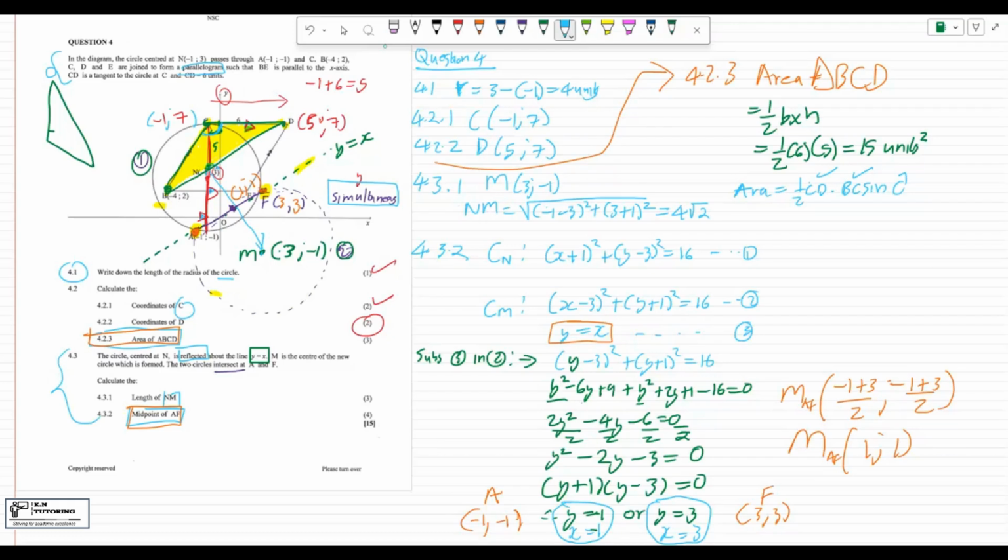That angle will be 90 plus something, the smaller angle. And then that will also give you 15 units squared. So there are many ways in which you can solve this. But in this case, fortunately, I was able to see the perpendicular height, which is 5 units.